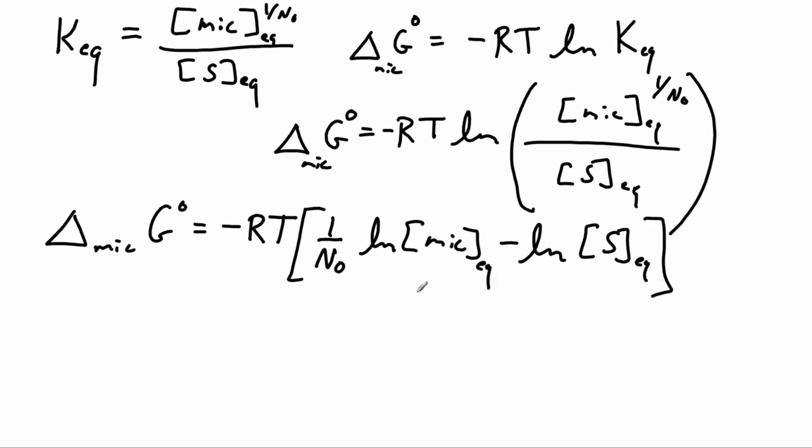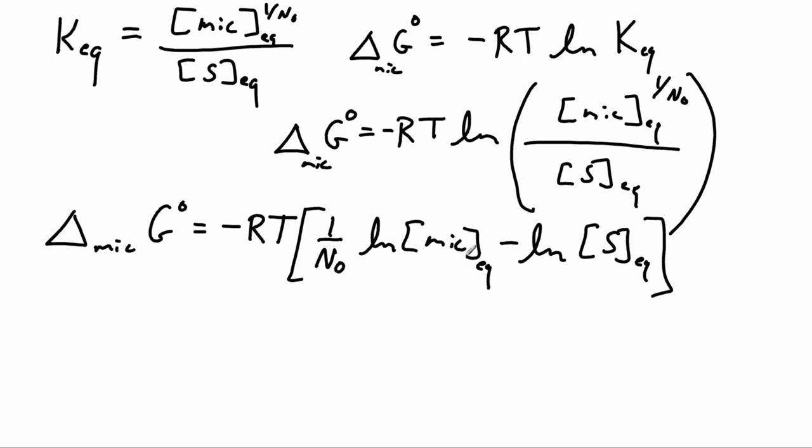Okay, so when we look at this, since we've got a sum, or in this case a difference, we know that one of these might be way bigger than the other, and we can neglect the smaller one. Well, we know the concentration of micelles is going to be much, much smaller than the concentration of surfactants because it takes so many surfactants to make a single micelle. So this term is already smaller than this term, and we're dividing by the aggregation number. Typically for surfactants, this N naught is going to be around 50 or 60.